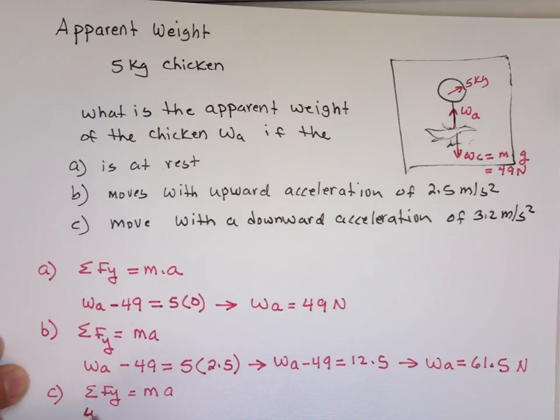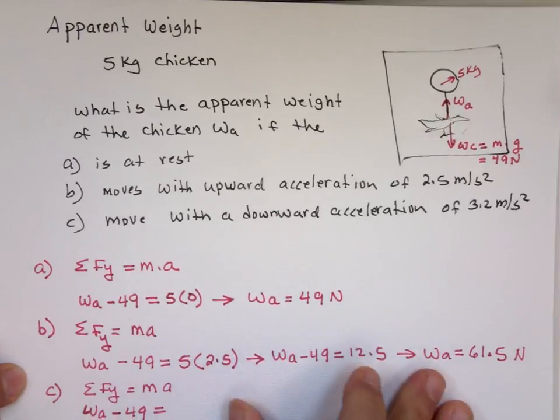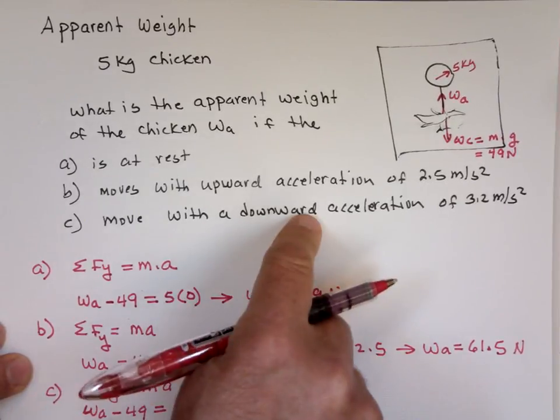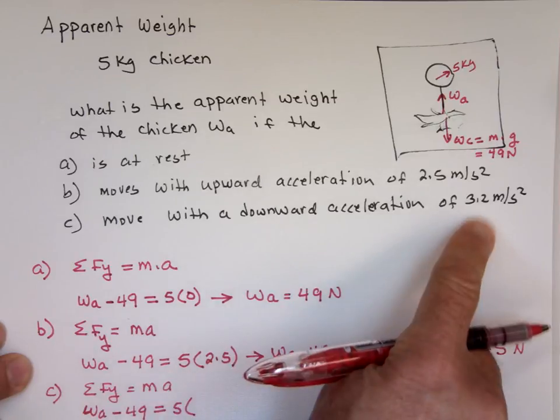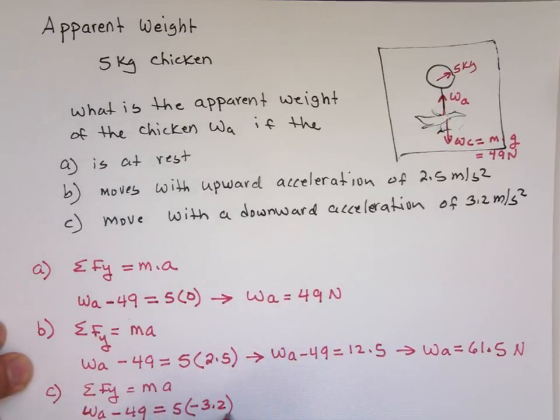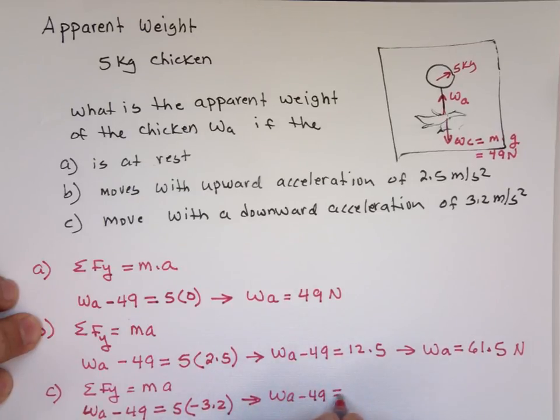WA pointing upward, the 49 pointing down. Should equal the mass of the chicken, which is the 5, and the acceleration. Since you are coming downward, your acceleration will be what? Negative 3.2. Is that negative 16? Yep.